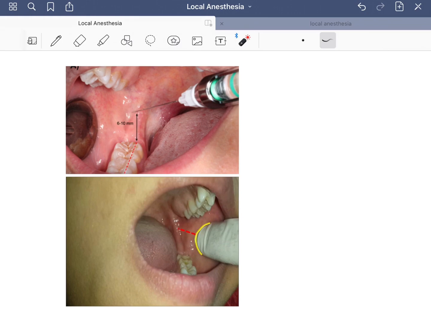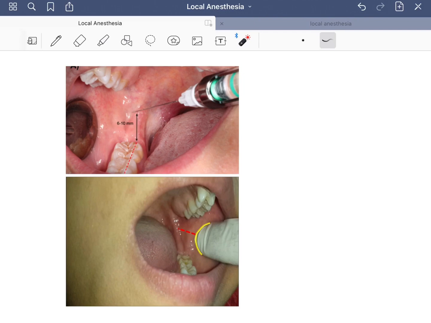And the second line, which is the vertical line from the occlusal plane of the mandibular molars. The intersection of these two lines will give you the site of injection.